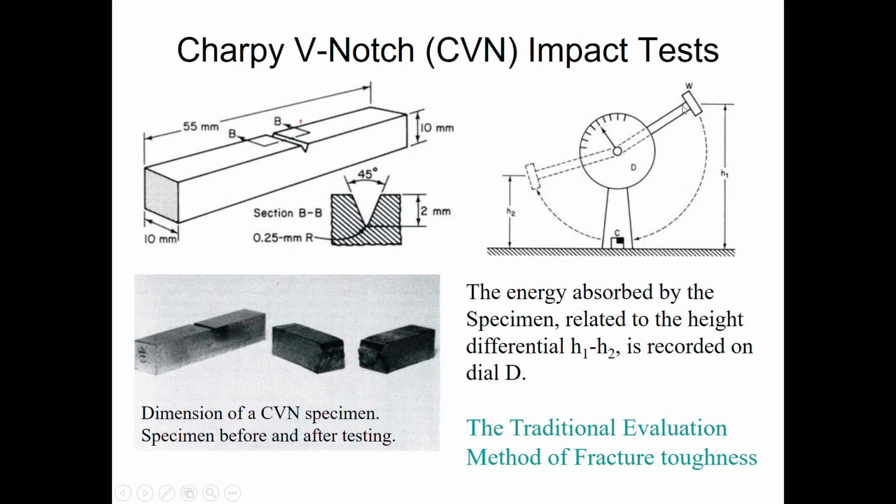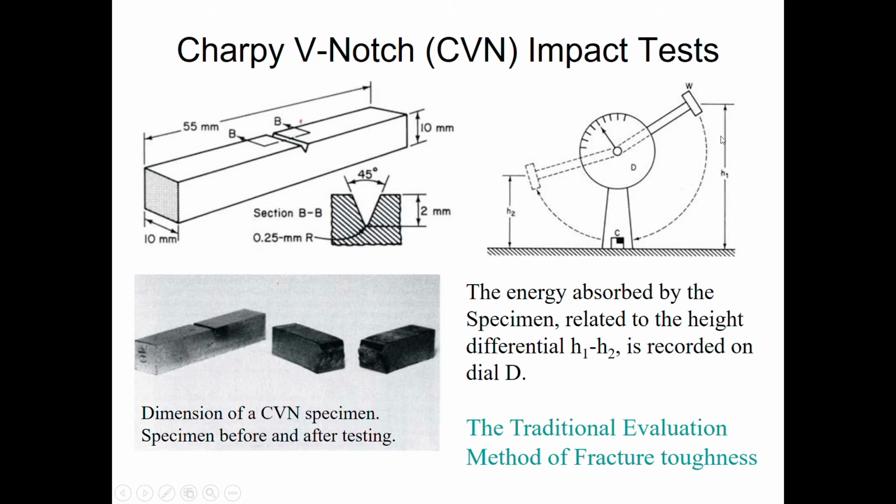So the one that we did last time is the traditional evaluation method of fracture toughness, where we put the specimen here and then I just drop this and then I measure how much is the height of the impact after the impact.